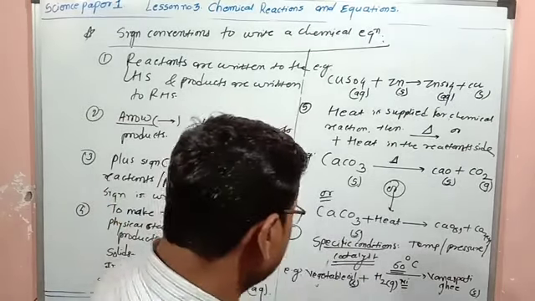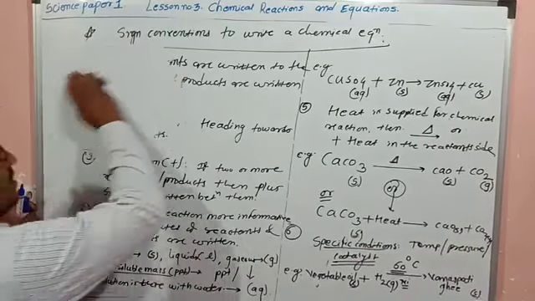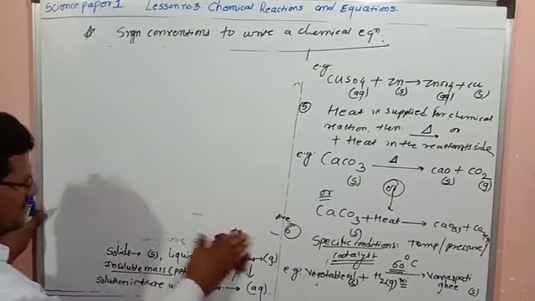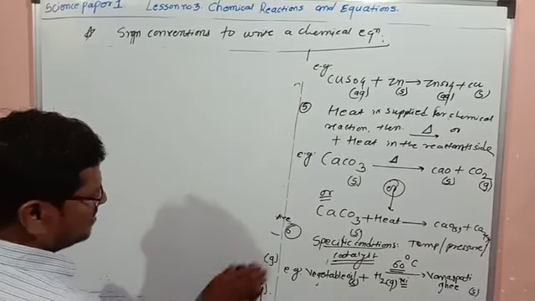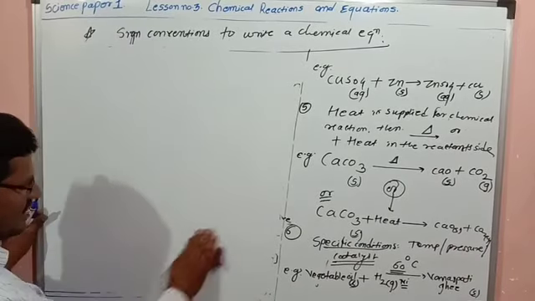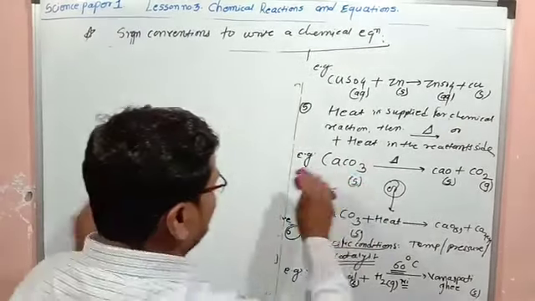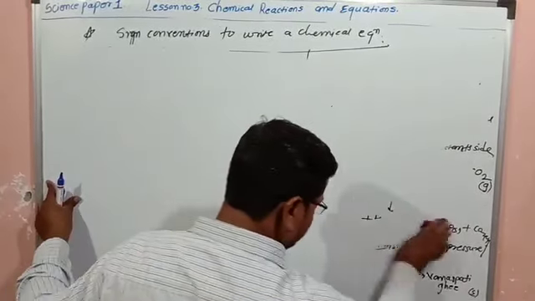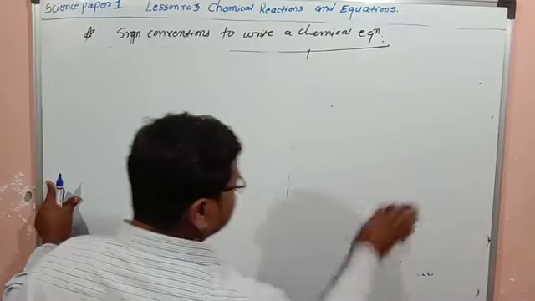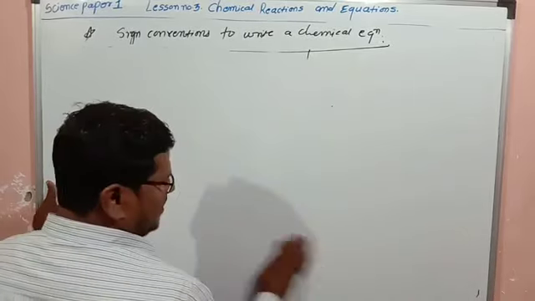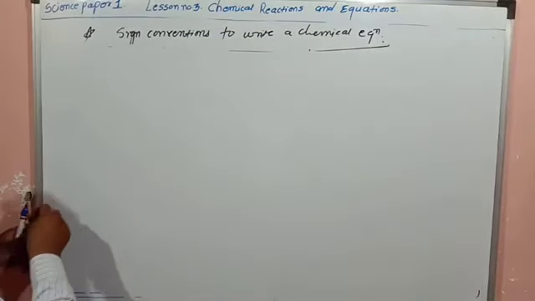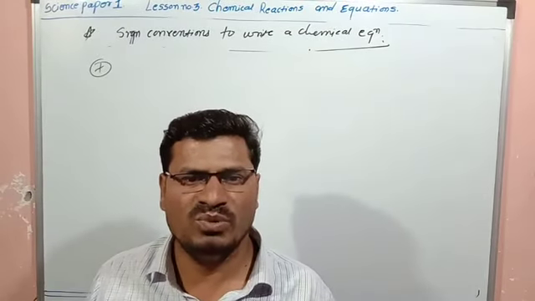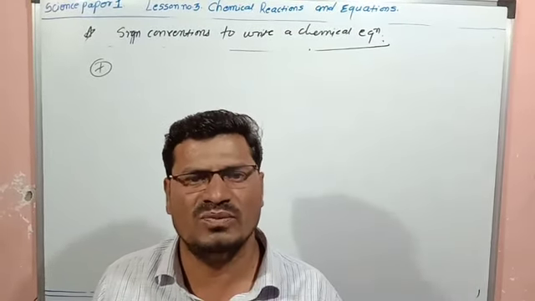And the seventh point: you have to write the concentration of the reactants, that is, special information about the reactants or products.